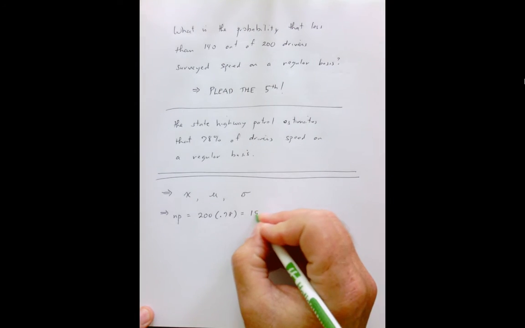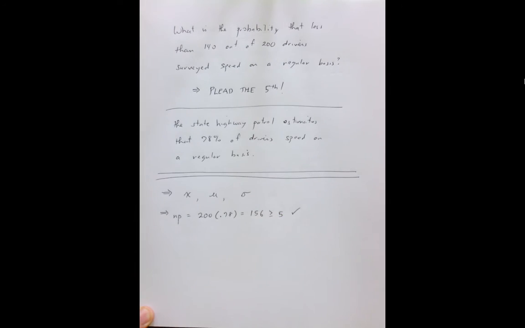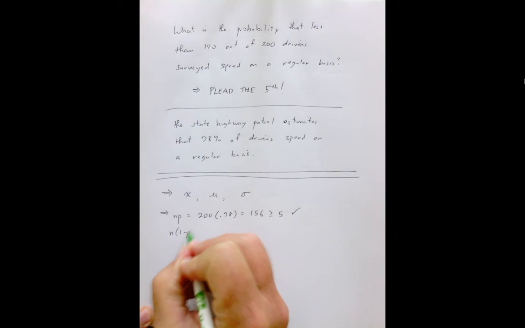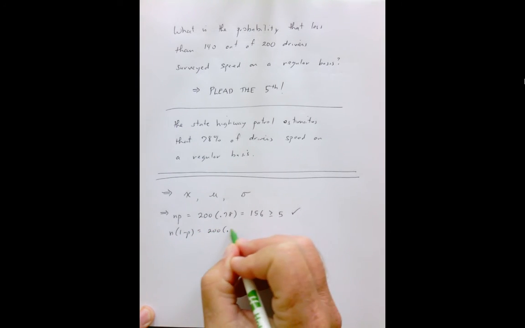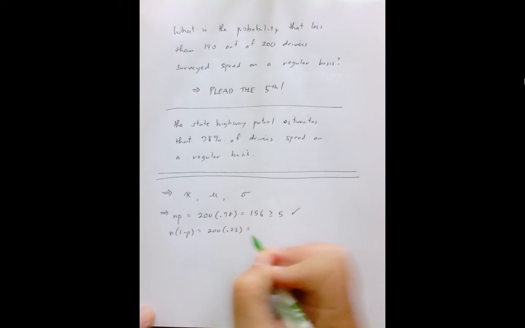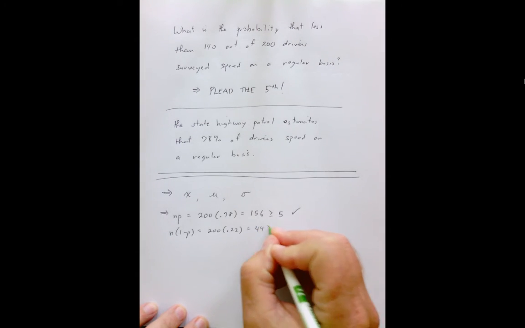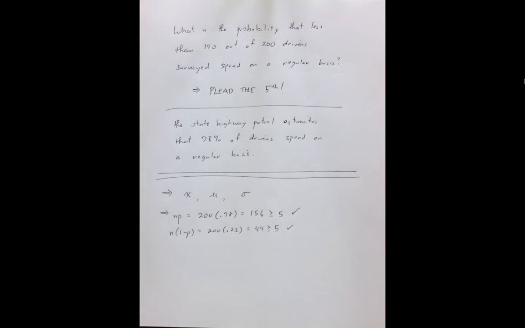And 156 is clearly greater than or equal to 5, so good deal. Next thing I want to do is check N times 1 minus P. So we have 200 times 0.22. And we have 44. Still greater than or equal to 5.